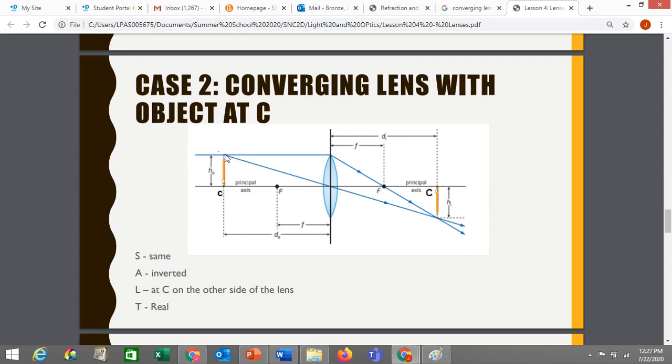And then the second line goes straight through the center. And when you actually create your image on the other side, you will notice that it's the same size as that one there. It's at C. So again, some commonalities with mirrors here. It is inverted, and it is also real. So the light rays really do cross.